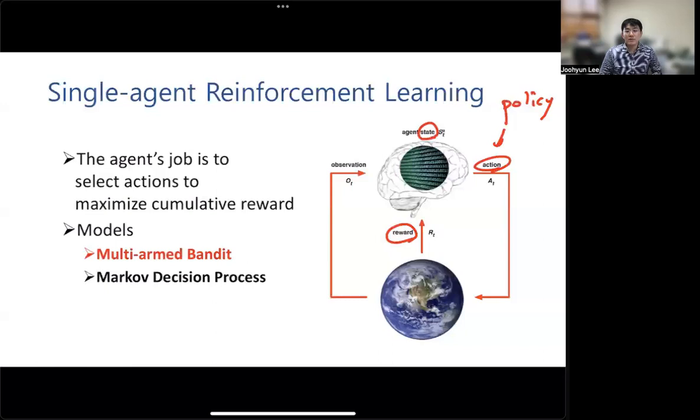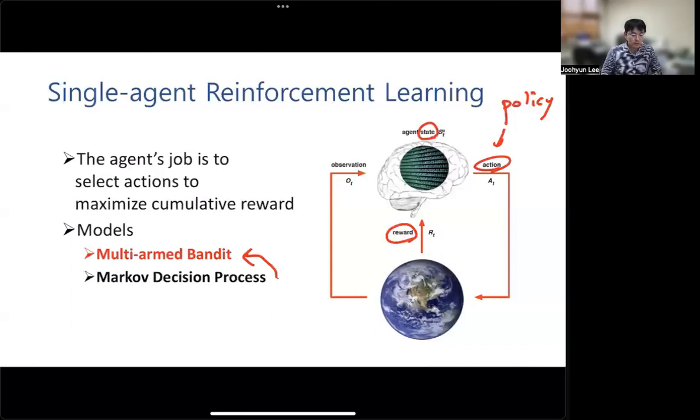To solve this reinforcement learning problem, the essential model that is used in the literature is the Markov decision process. But if we only have one single state, in other words, if the action is not dependent on the states, then it essentially becomes a multi-armed bandit problem, which will be used in this work.